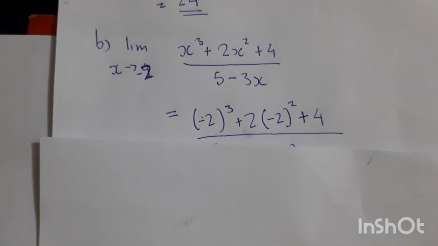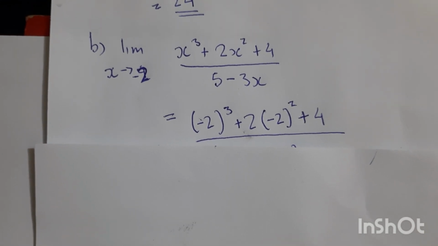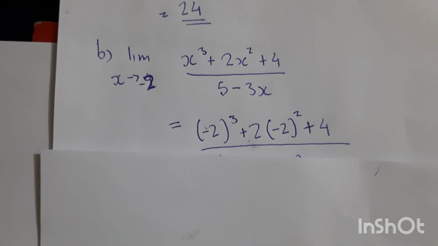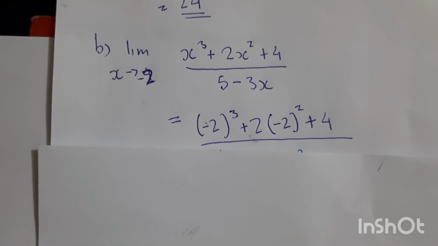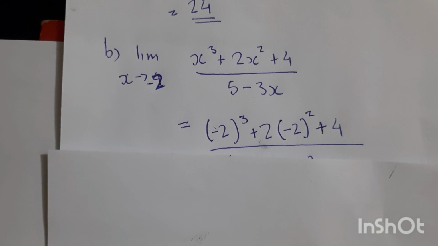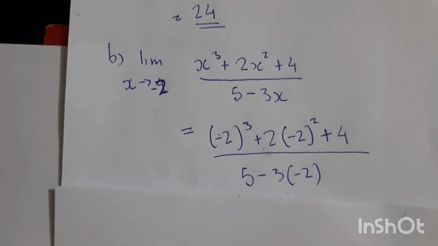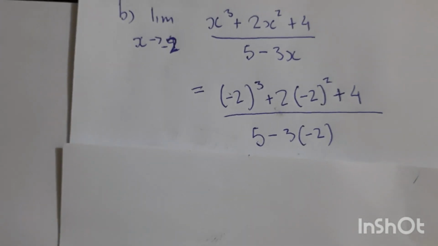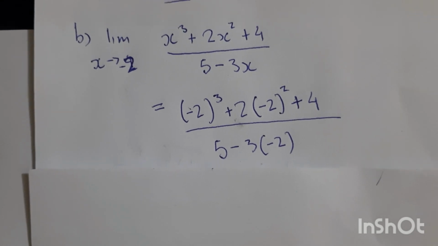So if we replace x in the numerator, we get -2 cubed plus 2 open brackets -2 close brackets squared plus 4. And then in the denominator, we get 5 minus 3 open brackets -2 close brackets.